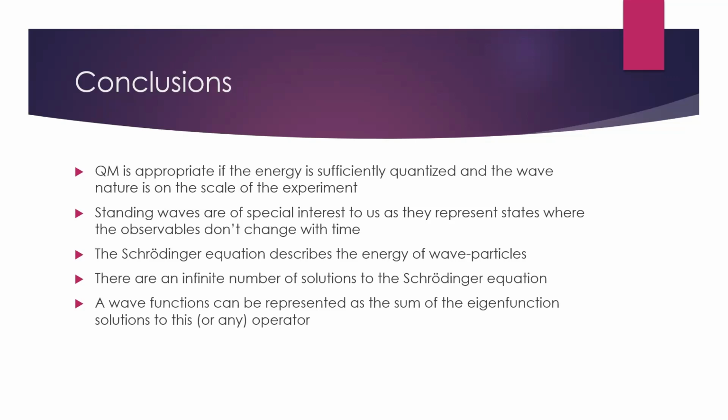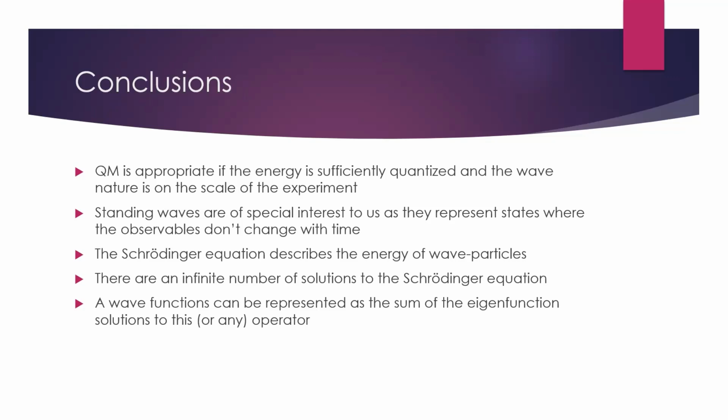We talked about traveling waves, and we especially focused on standing waves that are of special interest to us because they represent states where the observables don't change with time, which is what we want to do when we're measuring things. We don't want to deal with changing energy as a function of time.